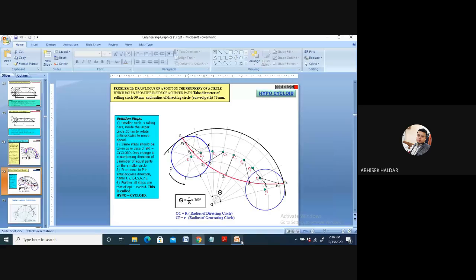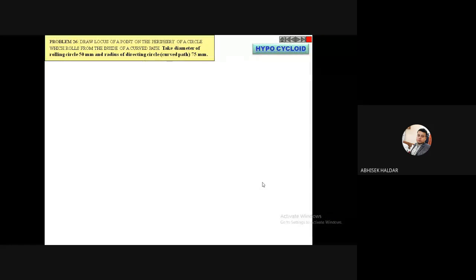Okay. So that was basically the definition of your epicycloid. Just opposite is the hypocycloid. What is hypocycloid? The rolling circle will roll under the curved path, or the directing circle. This is very easy. These two definitions you should not mix.